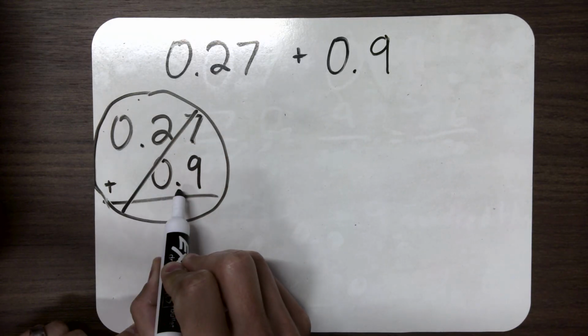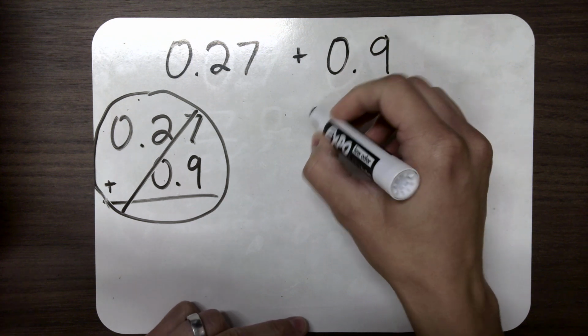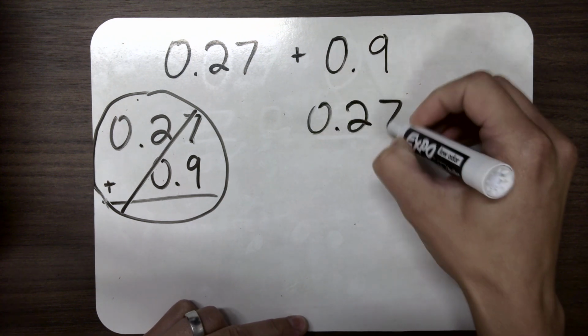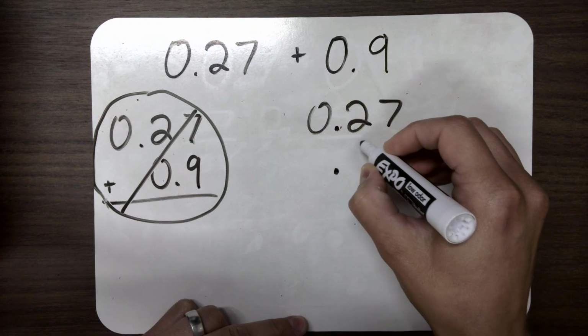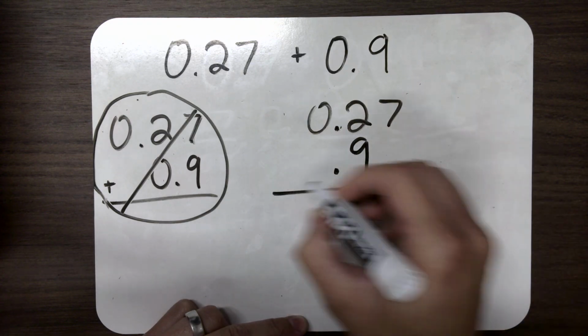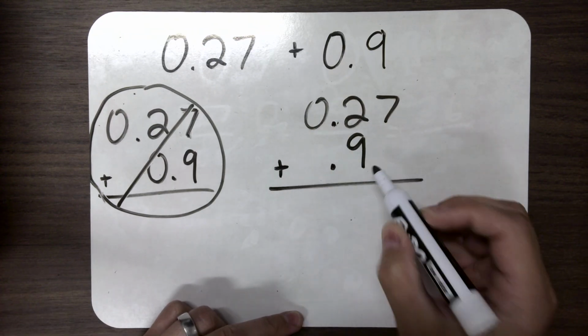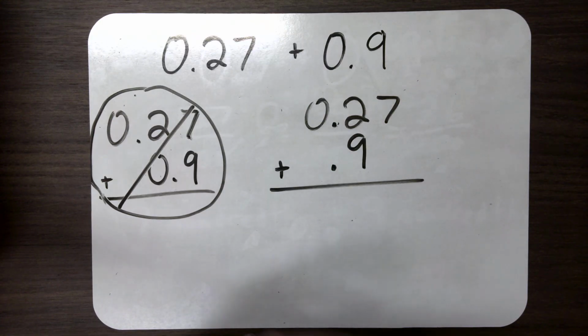Here it's not aligned vertically. So in this algorithm, we need to make sure that we align this vertically, which just means it's stacked on top of each other. The reason that we need to do that is because that will ensure that we're adding the same size parts.